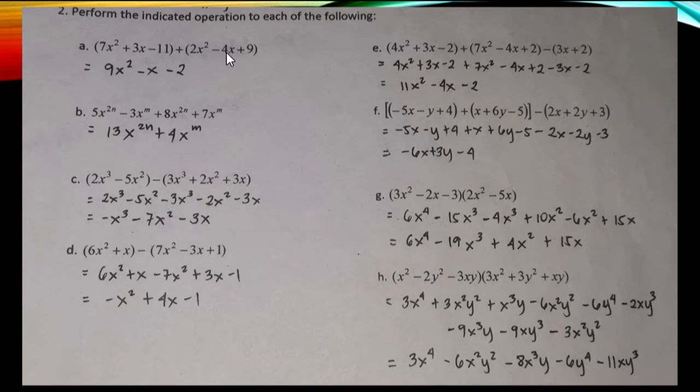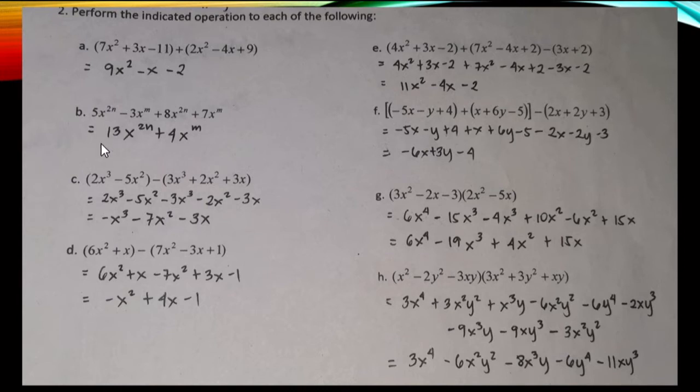And 3x minus 4x, that is negative 1x or negative x. Then we have negative 11 plus 9. Since they have different signs, we subtract, but copy the sign of the bigger number. So negative 2. So 9x squared minus x minus 2.